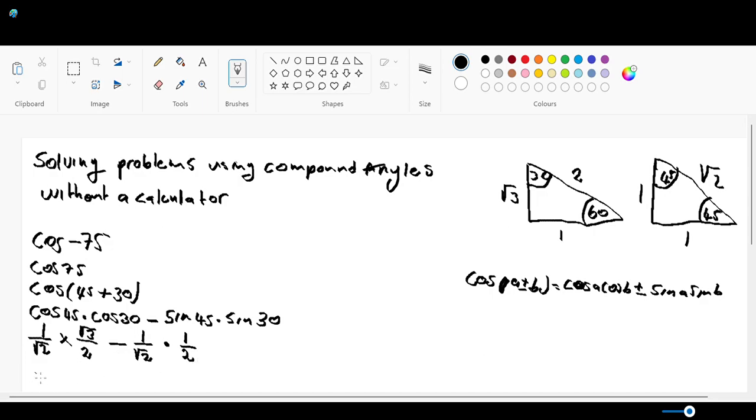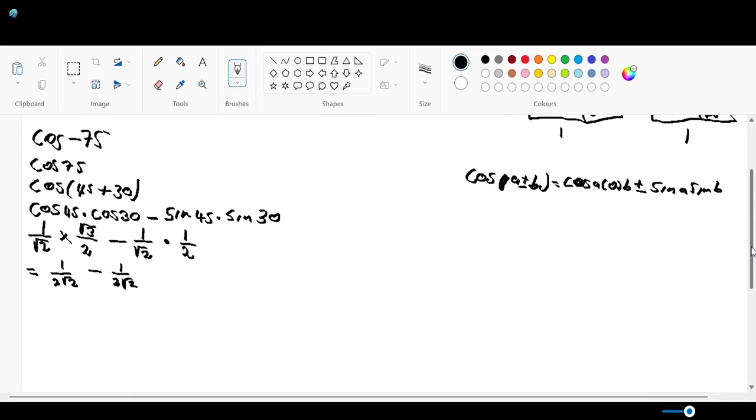So if you continue like this, you will have 1 over 2 root 2 minus 1 over root 2 over 2. Just like the previous problem that we did last time, from there we just simplify until we get to the answer.